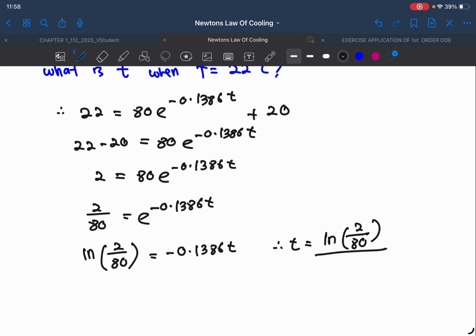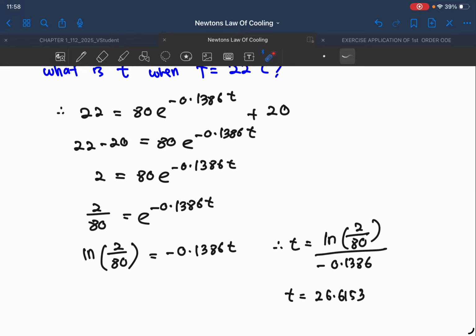Divide the whole thing with 0.1386. So we have the negative here, so you must divide with the negative also. So therefore our t is equal to 26.6153.